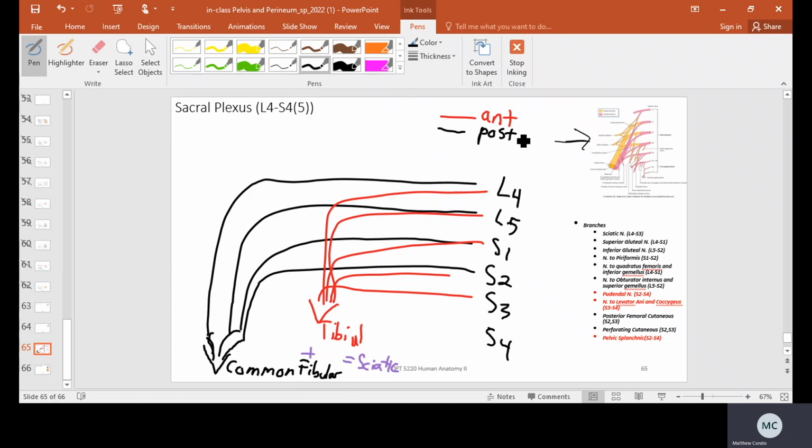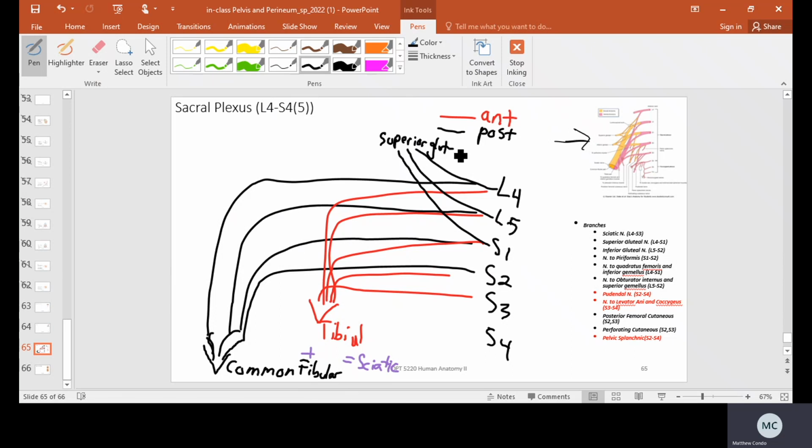Okay. So other branches I'm going to have coming off here. The superior gluteal artery is going to come off of L4 to S1. Okay, so another branch off of all this. L4, L5, S1 is going to branch out to be my superior gluteal artery.